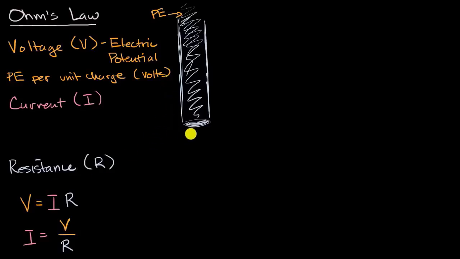Now, let's imagine what would happen if we just open the bottom of this pipe. So we open this up. What's going to happen? Well, the water will immediately drop straight down. That potential energy is going to be instantaneously converted to kinetic energy. And you could look at a certain part of the pipe right over here, and ask how much water is flowing per unit time?